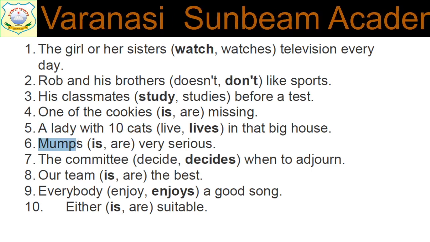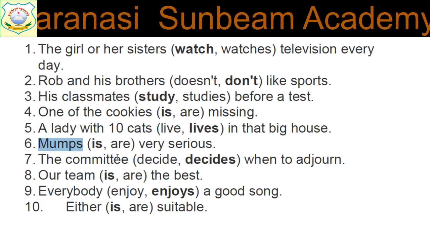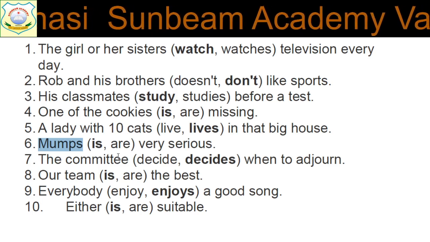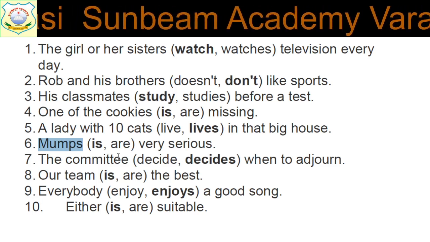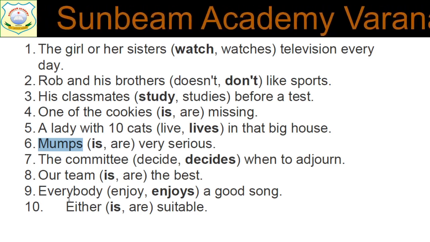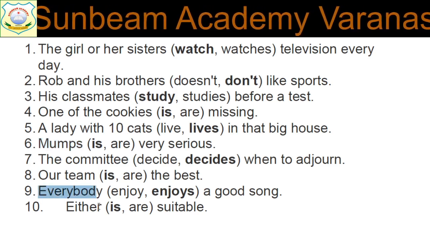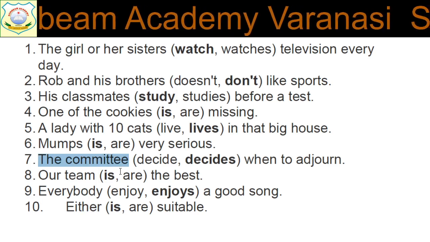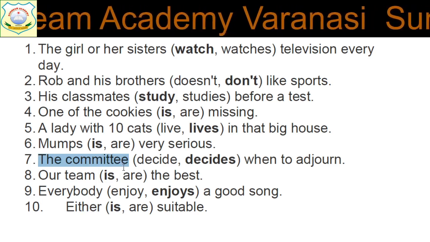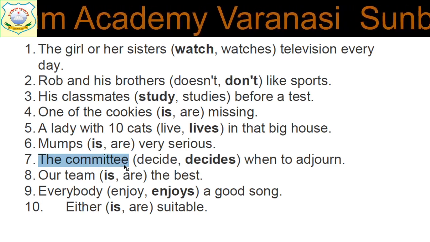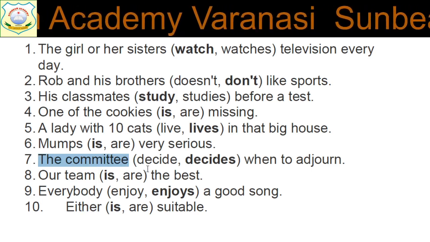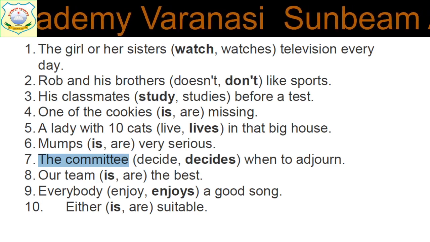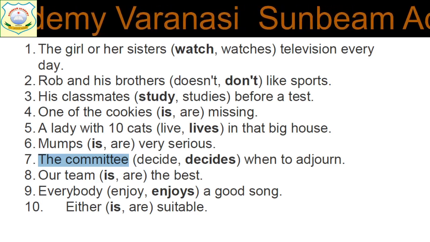And mumps is a disease, and all diseases are considered singular because you are talking about one, though it is written in plural form. This is also discussed: everyone, everybody, either. Committee is considered as one, but it can also be considered plural, and if you consider committee as plural, you are showing the different committee members individually.